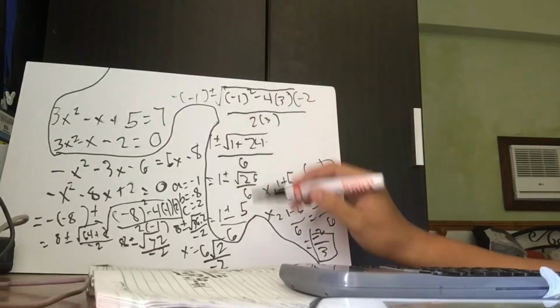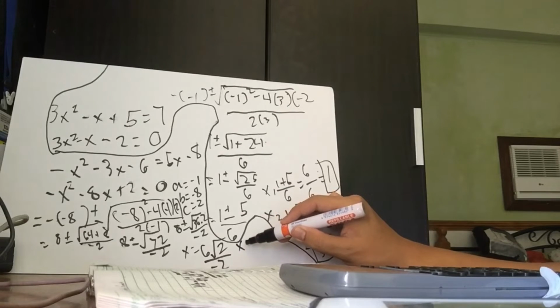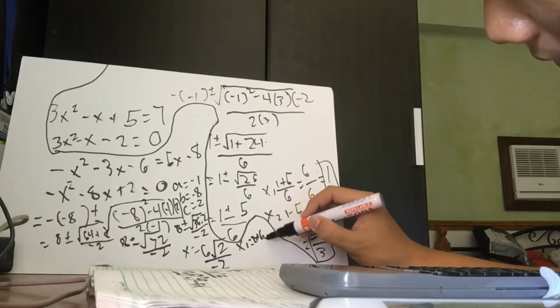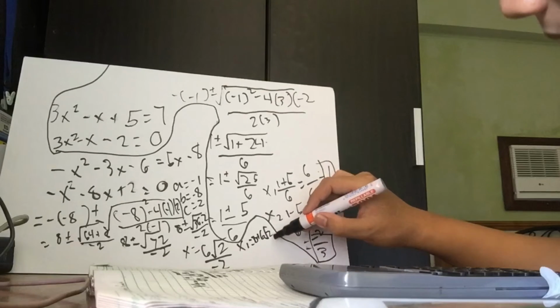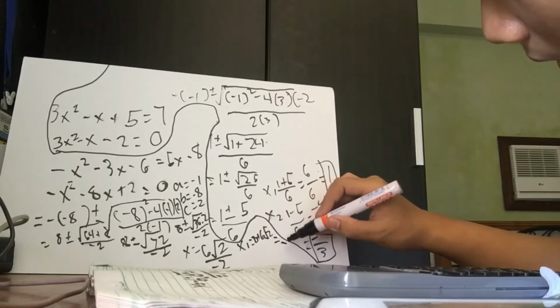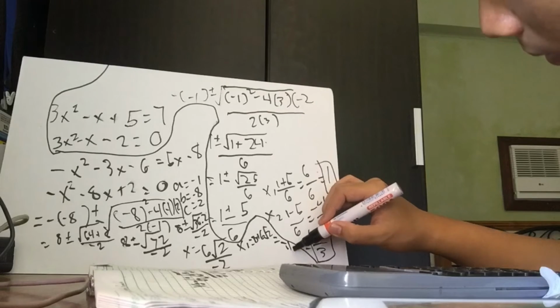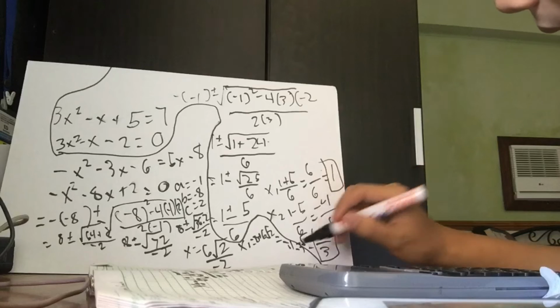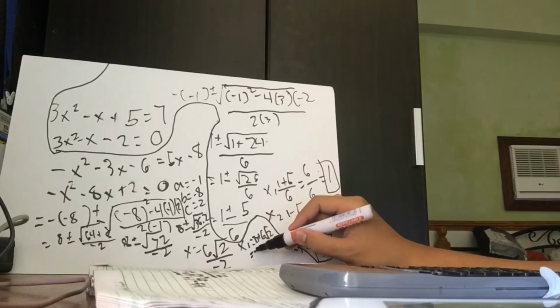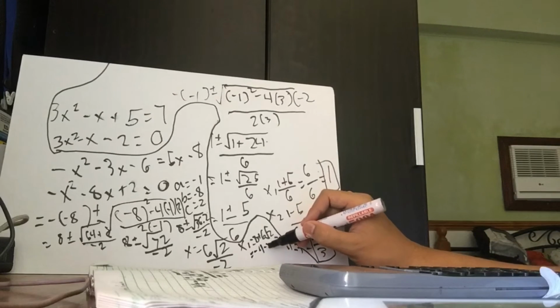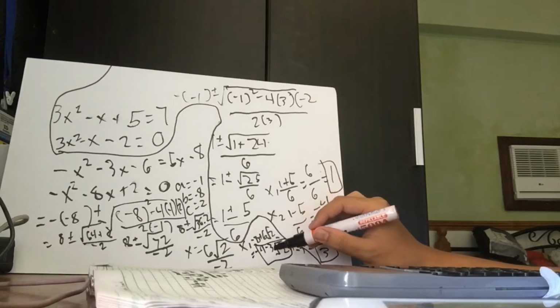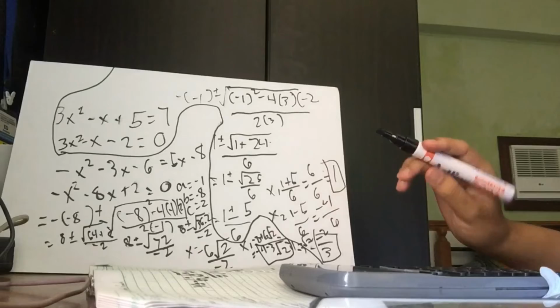Now we need to find the x of 1. The answer is negative 4, negative 3, square root of 2.